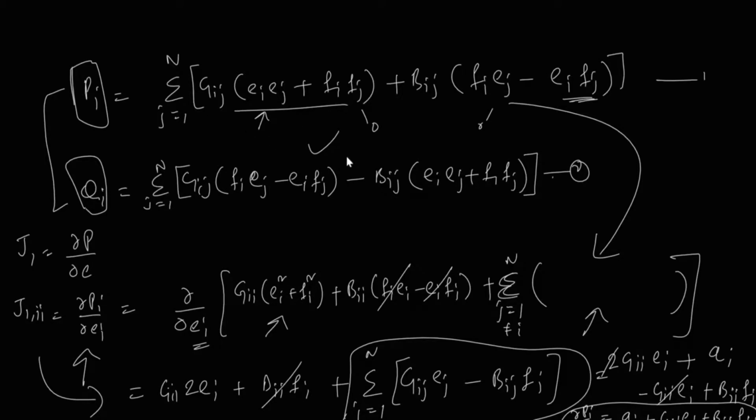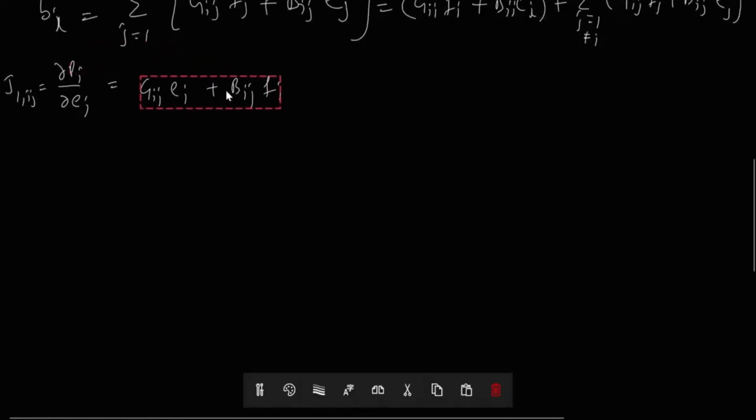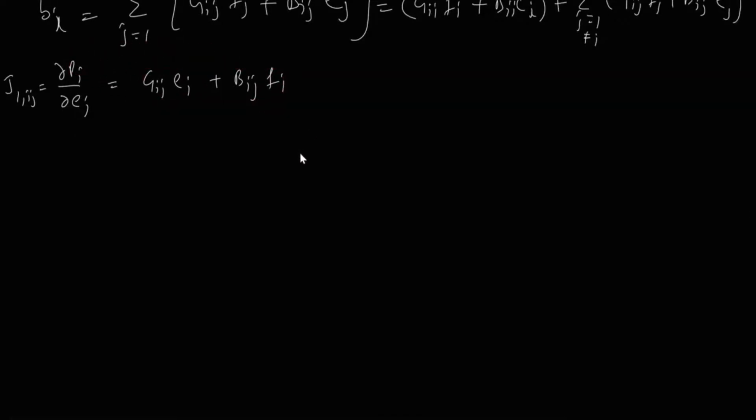That is Gij Ei plus Bij Fi. That's it. This is the off-diagonal element of J1.